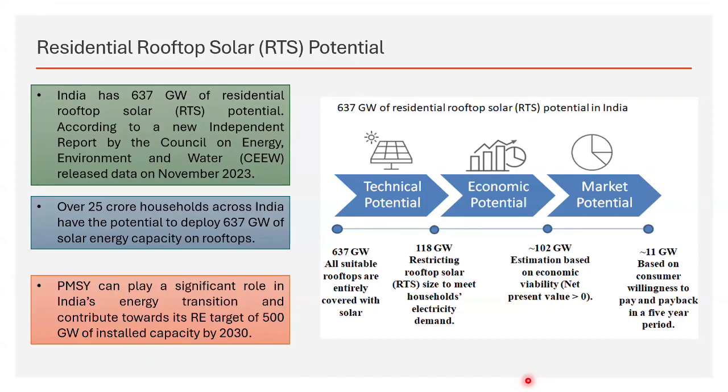So 102 gigawatt is the estimation based on economic viability, meaning out of 118, 102 gigawatt gives some economic sense to install. And the market potential is, because every customer will not be willing to install a solar PV system on their rooftop, because it involves some kind of finance, based on consumer willingness to pay and payback in a 5-year period, the published figure was 11 gigawatt as per this CEEW.